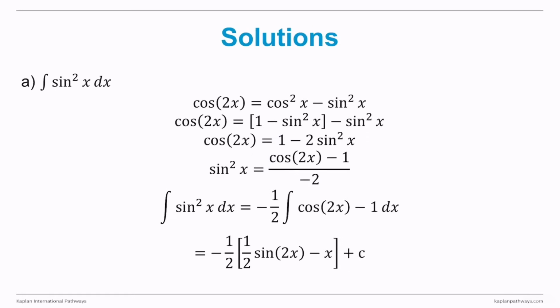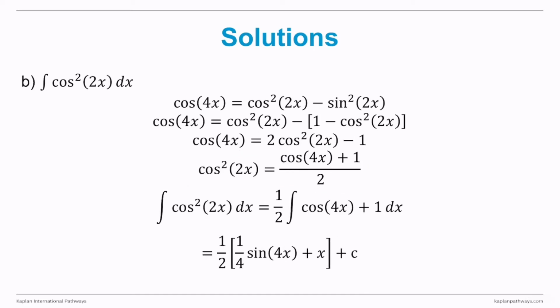So we reached the identity for the sine squared, cosine 2x minus 1 divided by minus 2. We put this instead of the sine squared x dx, and we integrate it as in the example I showed you in the previous slide, and that's the answer.